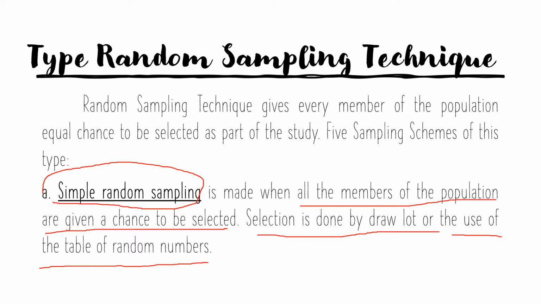So I'm going to give you an example. You want to select a simple random sample of 100 employees of company X. You assign a number to every employee in the company database, for example, from 1 to 1000, and use a random number generator to select 100 numbers.